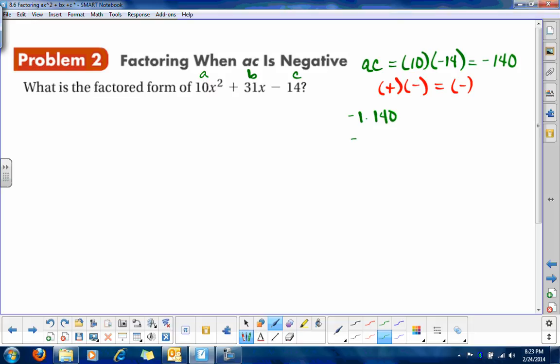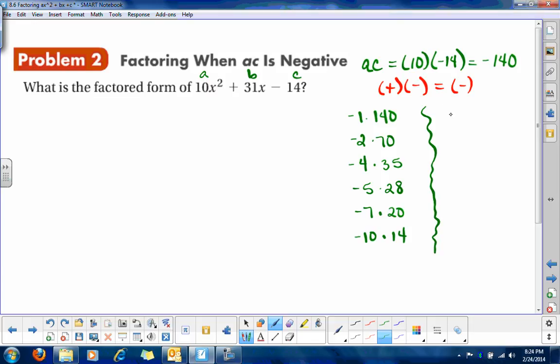Then we've got negative 2 times 70, then negative 4 times 35, and we've got negative 5 times 28, and negative 7 times 20, and negative 10 times 14. So those are with the first ones being negative.